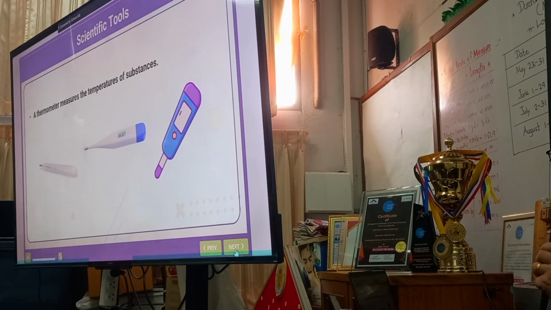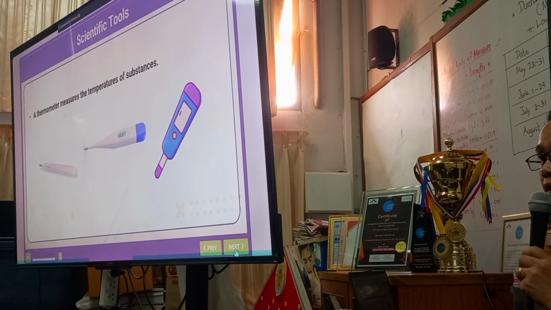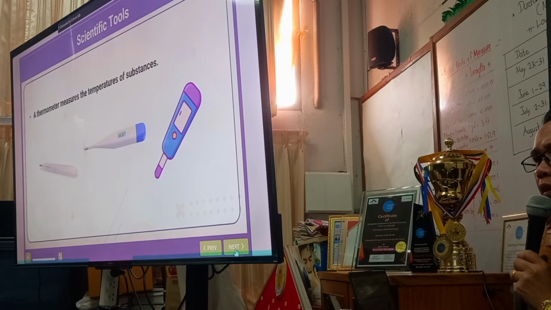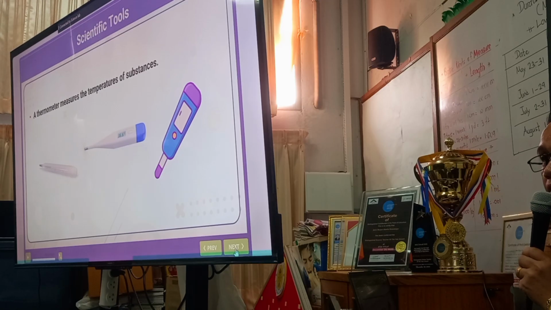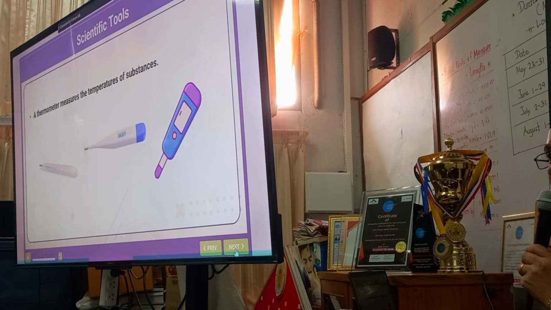Another one, what is this? What is this picture? Thermometer. That's correct. What do you think is the purpose of using a thermometer? To check the hotness and coldness of your body, the room temperature, or an object. What is the average temperature? 25 degrees Celsius.